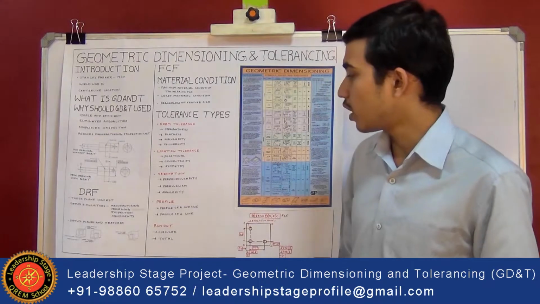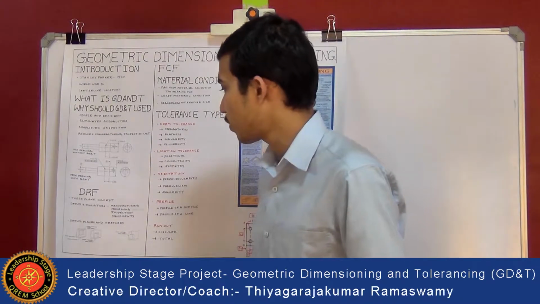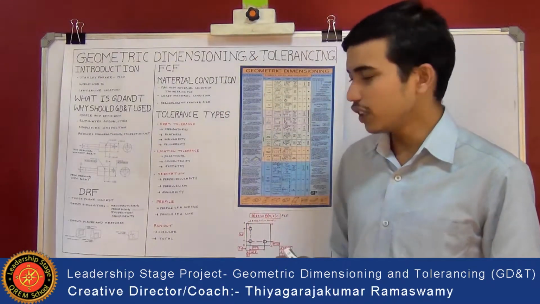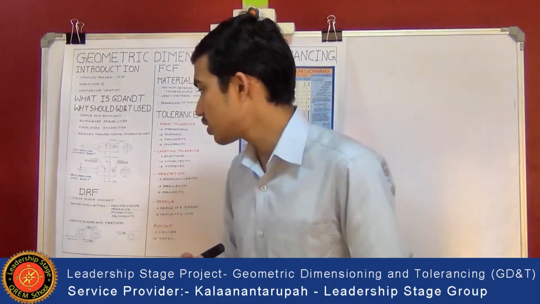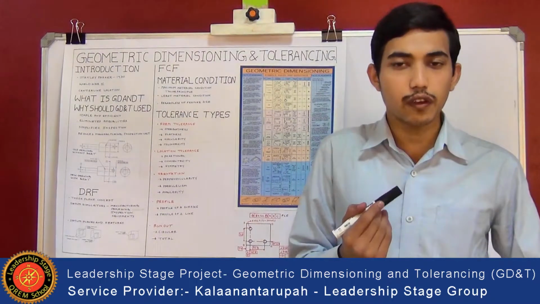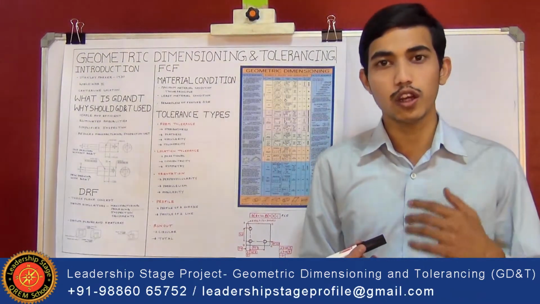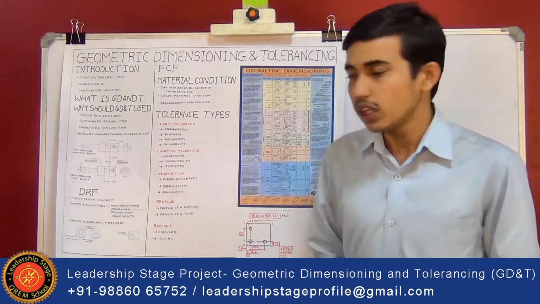Coming to DRF, DRF is nothing but datum reference frame. It's an important concept in GD&T. Here the three-plane concept is required to convert a drawing into a manufactured part.